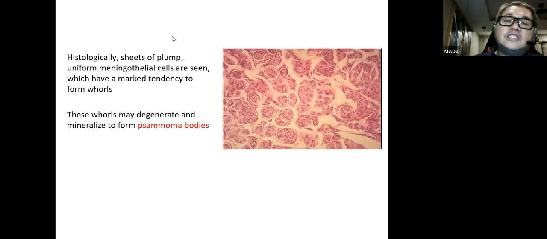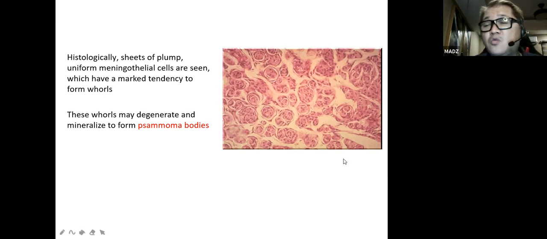Histologically, sheets of plump, uniform meningothelial cells are seen, which have a marked tendency to form whorls. These whorls may degenerate and mineralize to form psammoma bodies. So these are your psammoma bodies.